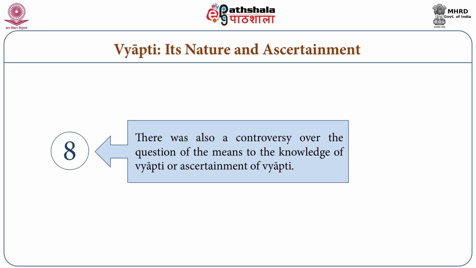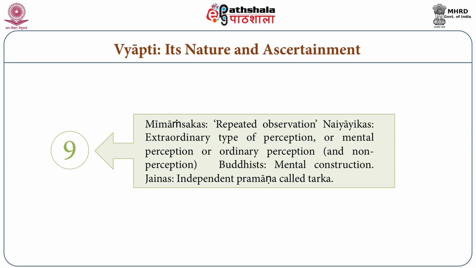There was also a controversy over the question of the means to the knowledge of Vyapti, or ascertainment of Vyapti. Mimamsakas would say Vyapti can be known through repeated observation. Nayayikas would say extraordinary type of perception, or mental perception, or ordinary perception and non-perception is the means to the knowledge of Vyapti.